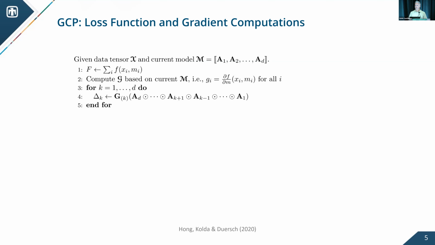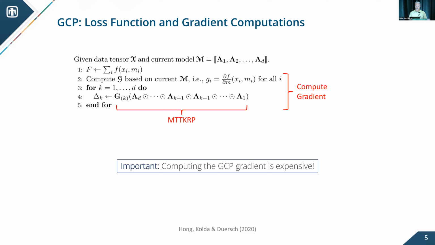And the nice thing is that the gradient takes the form of this matricized tensor times Khatri-Rao product that Tammy said is already available in the MATLAB Tensor Toolbox and has been optimized. And so we can benefit from all of the work for CP now with the generalized CP for general functions. First, we compute this gradient, and then we compute using the MTTKRP.